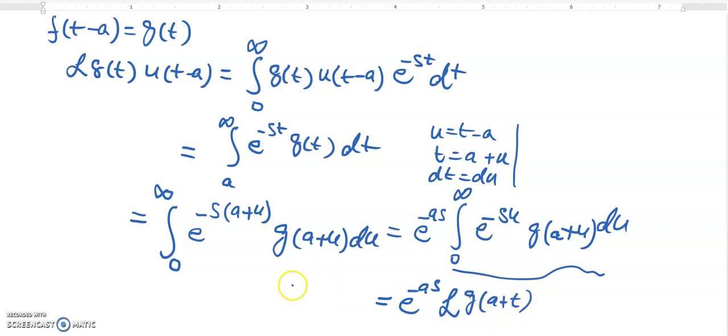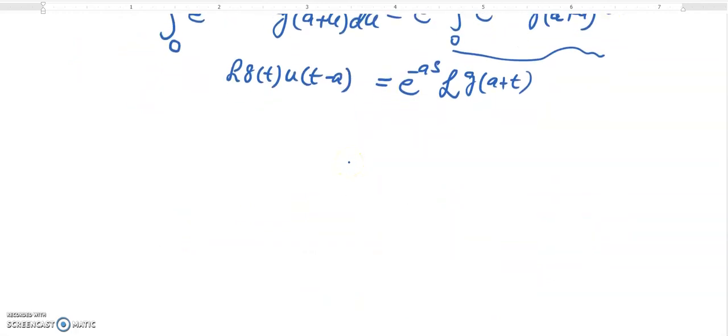So it means that if we have a function in t multiplied by the unit step function, we can easily determine its Laplace by taking the Laplace of that function, replacing the value of t by a plus t. So there is no need to convert it into the t minus a format, which will be a little bit tedious.